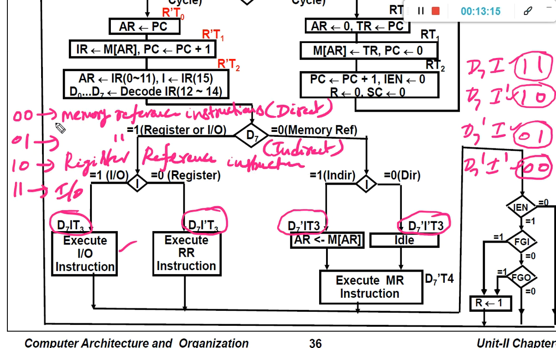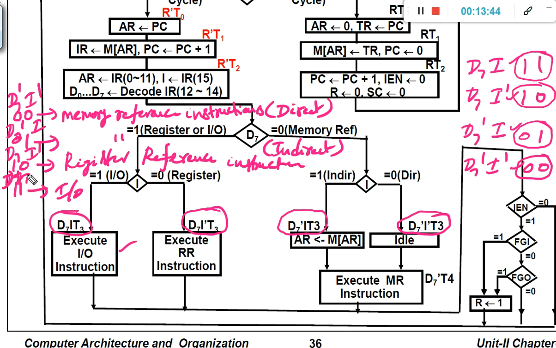So we know how to substitute the values. So 0 0 means D7'I', 0 1 means D7'I, 1 0 means D7I', 1 1 means D7I.